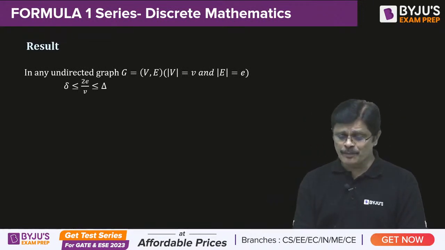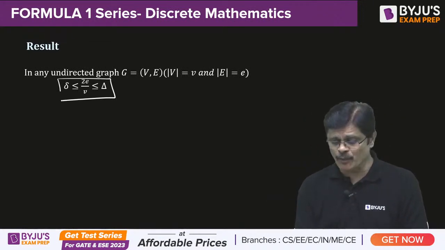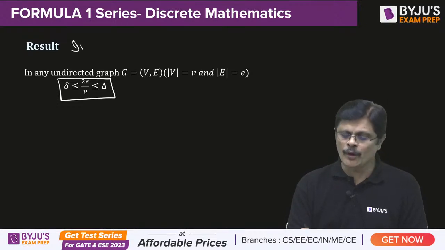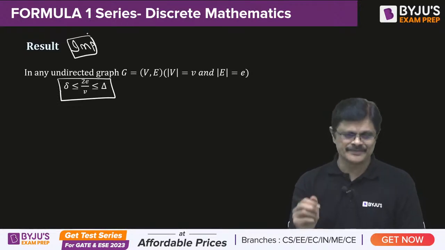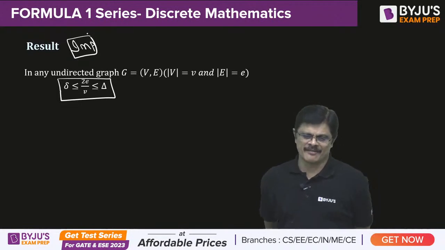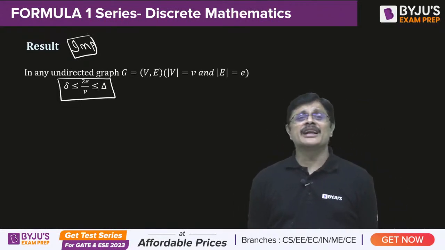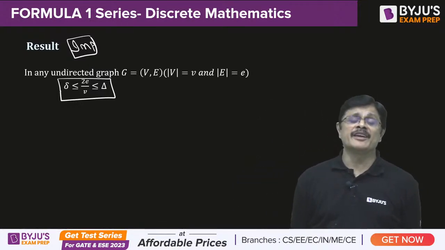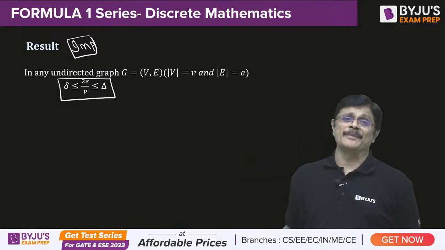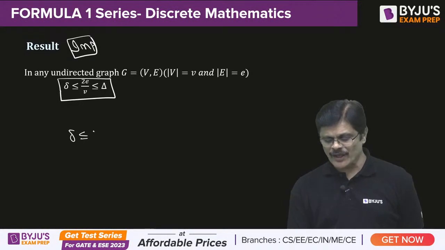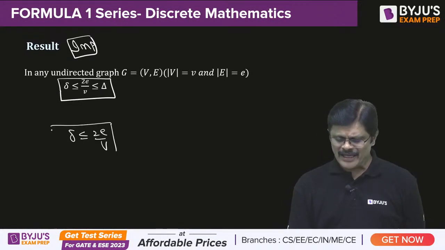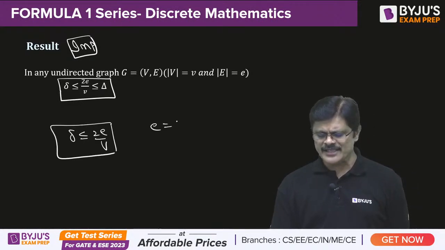And this is the most beautiful relation, my dear friend, the most powerful and important relation. And what does it say? The minimum degree delta is less than or equal to 2E by V, which is less than or equal to the maximum degree capital Delta. See, generally in problems, he may give the number of edges as 13 and the minimum degree as 3.